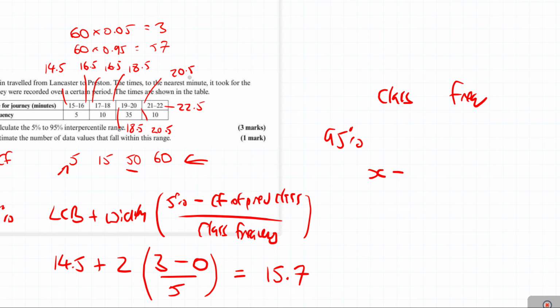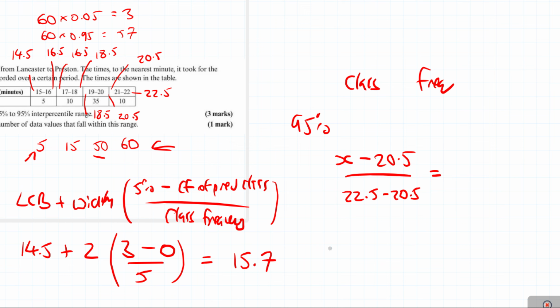So the lower class bound here is 20.5, because we're between 20 and 21, so x minus 20.5 divided by our class width, which is 22.5 minus 20.5, and that will be equal to the frequency, which we have got is 57, minus the cumulative frequency of the previous class, which is 50, divided through by the frequency of the class, which is 10.